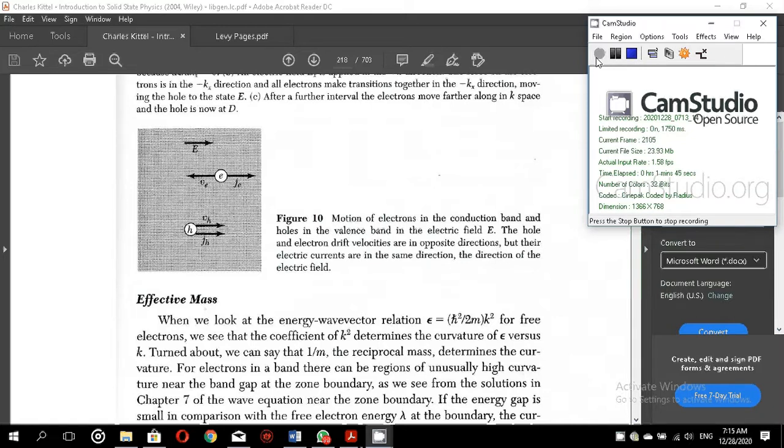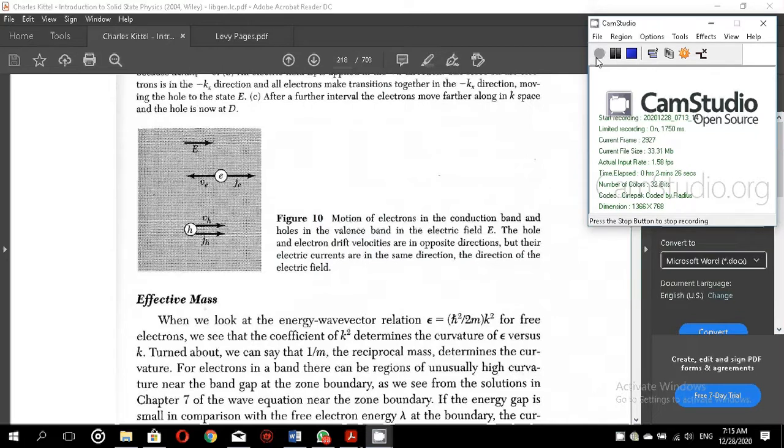You can say that the effective mass depends on the band edge, the valence band edge and the conduction band edge, and these band edges are of different shapes for different solids. So it means the effective mass is not constant. It depends on the location, and it depends on the curvature of the band edges. So that is what we are going to get today.